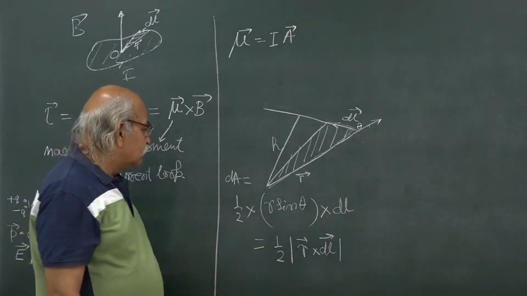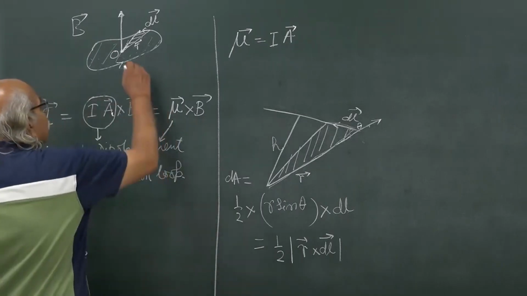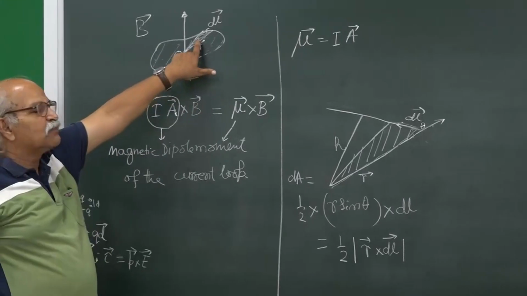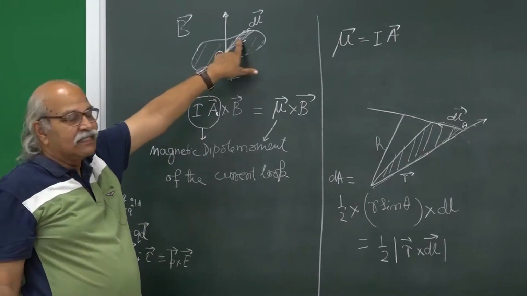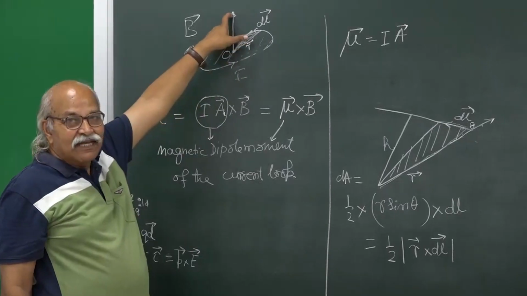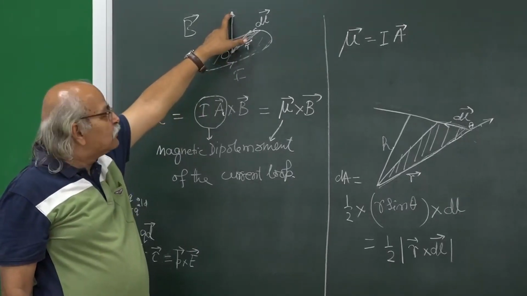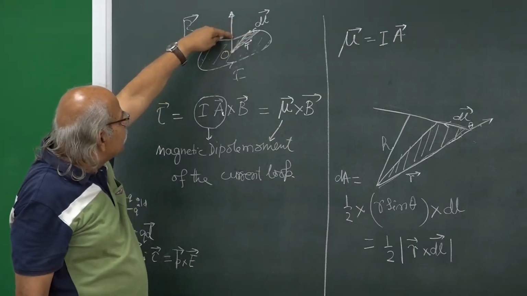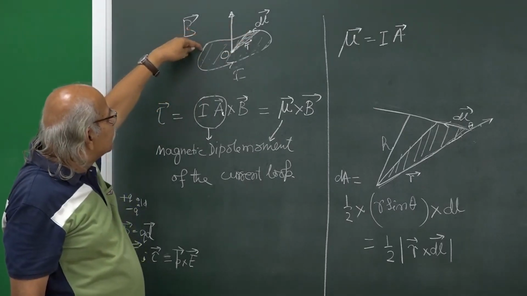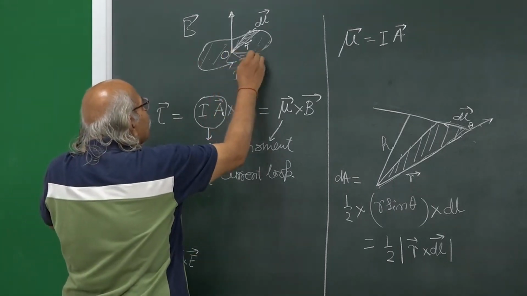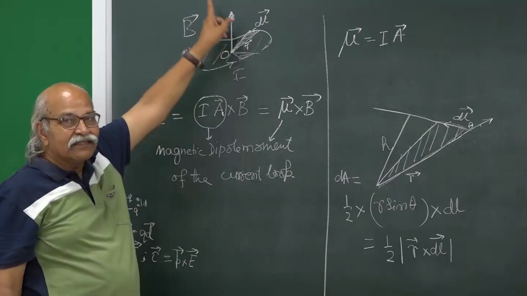Now, you can see that if you take this area and write the area vector corresponding to this, it is in the same plane. So, the perpendicular will be the same, and therefore, you take this dl here, or the dl here, anywhere you take that dl, all the time that area vector is same.